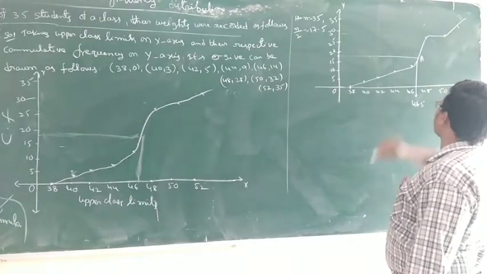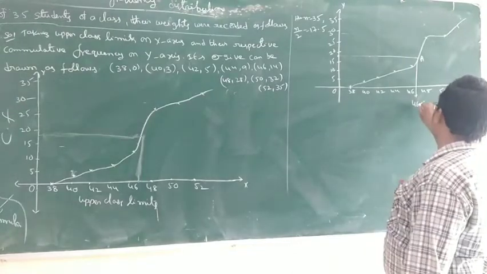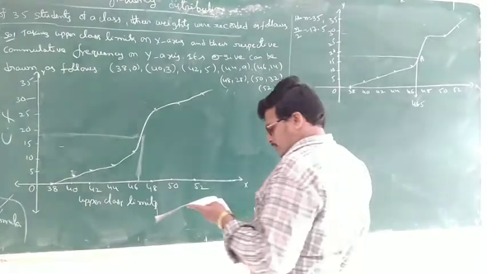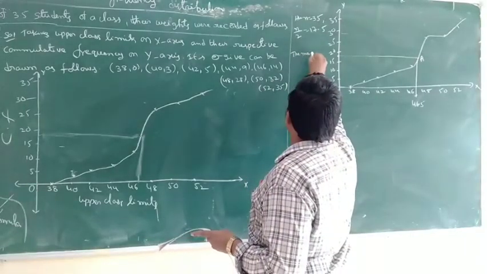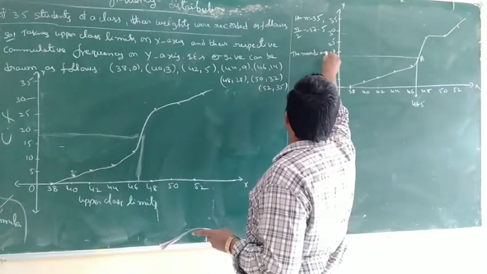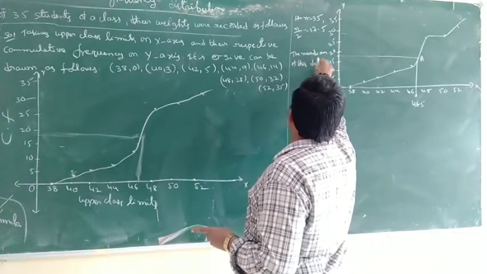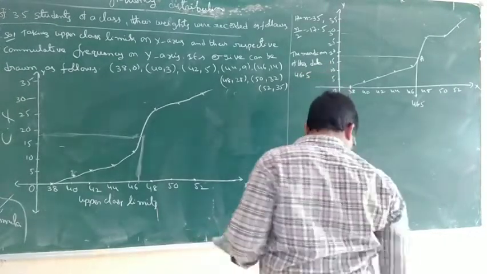This is point A, 46.5. So the median of this data is 46.5.